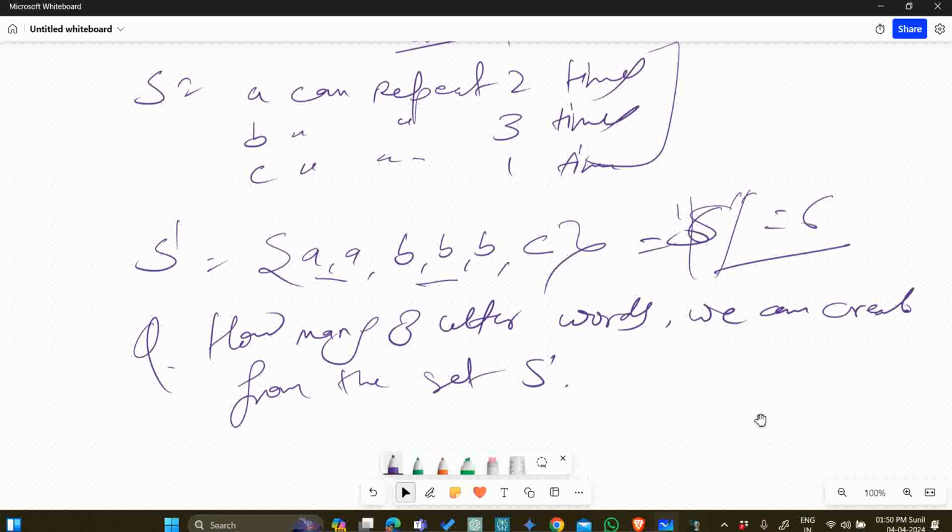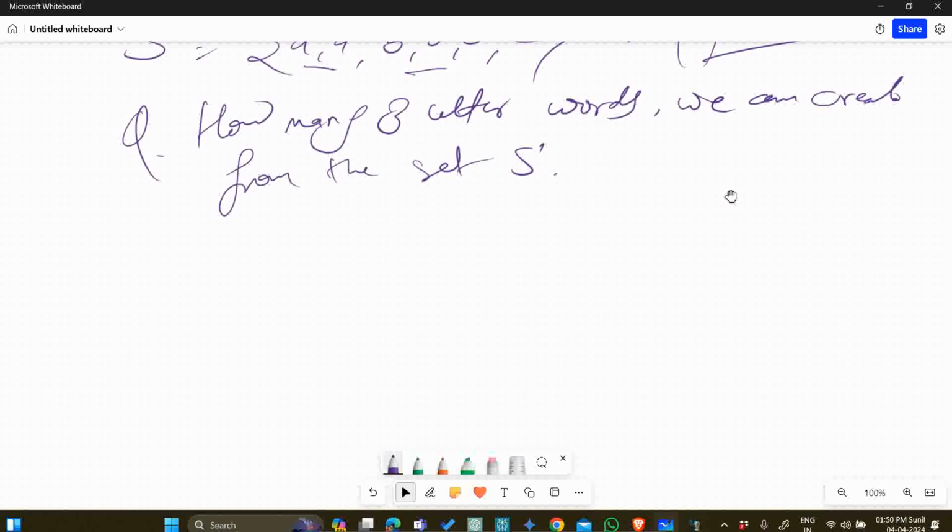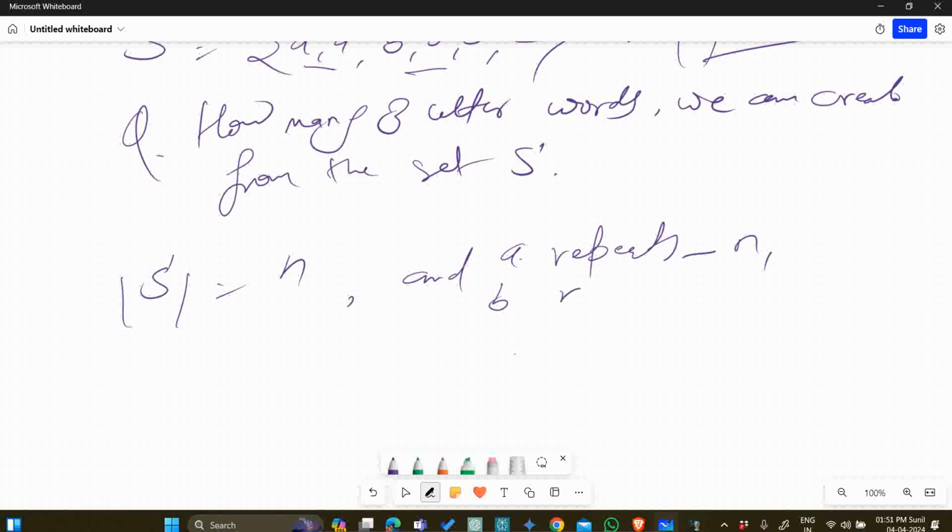So here is the formula for this. Let's say S dash has size n, where a repeats n1 times, b repeats n2 times, and c repeats n3 times.